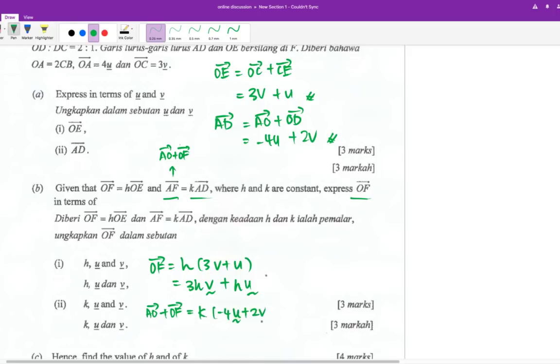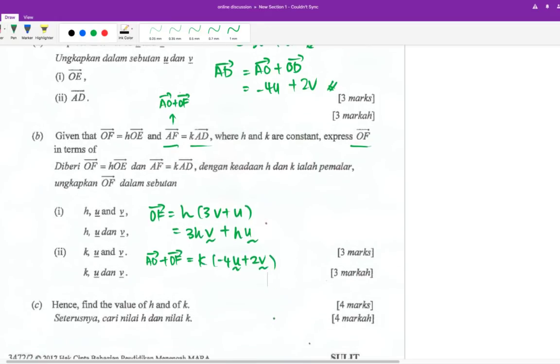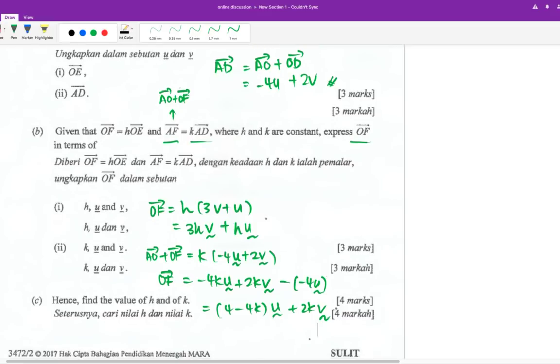Then I will solve this one. OF will equal, I multiply in, negative 4KU plus 2KV minus AO. AO is negative 4U, minus negative 4U, so this one will become plus. The U and U I will join together. So this one becomes 4 minus 4K U plus 2KV. Alright, and then we're done.